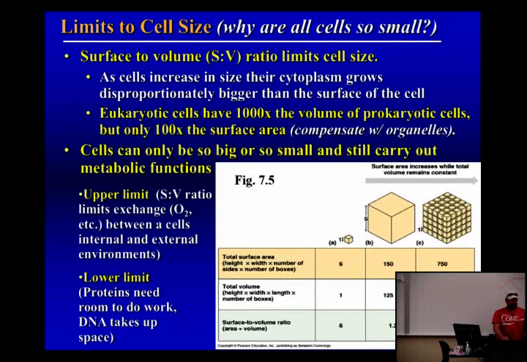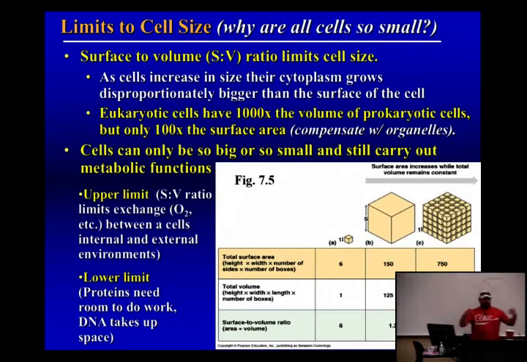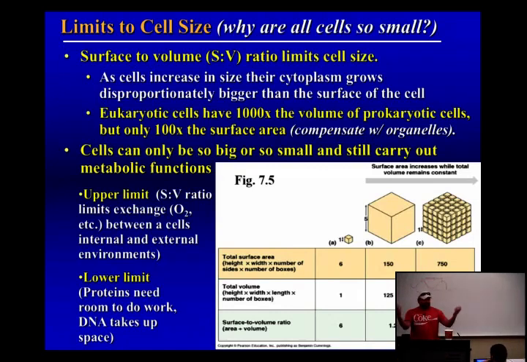Right. The surface of the cell increases a small amount compared to the volume. Like when you blow up a balloon, the surface area doesn't increase as much as the volume, right? The volume exponentially increases. So that's a major problem, because you can only get so much gas across the surface of the cell.